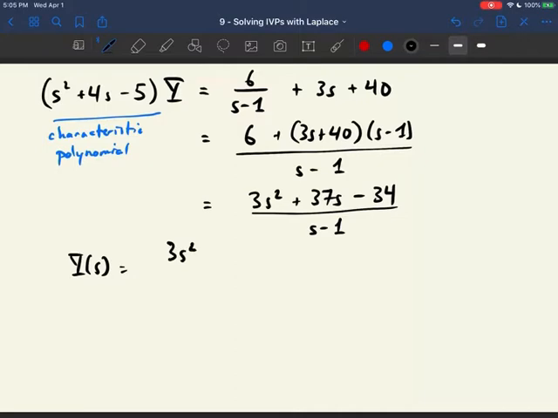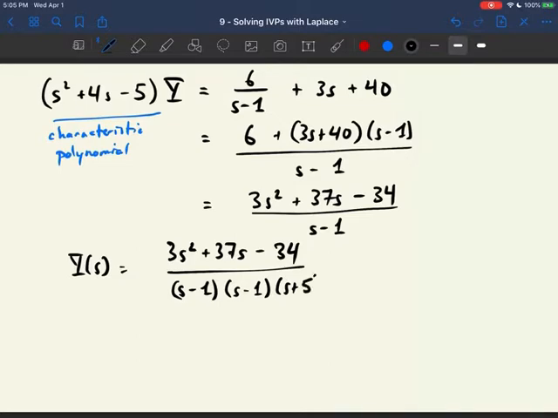All right, so we do this, we get that Y of s is equal to 3s squared plus 37s minus 34 over s minus 1. And then the thing we're dividing by, we can also factor, it's s minus 1, s plus 5.